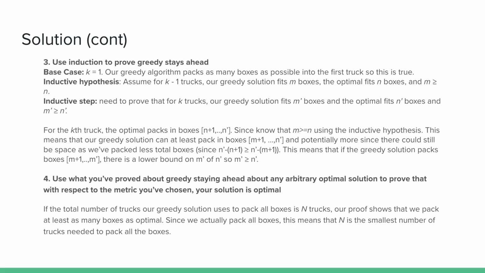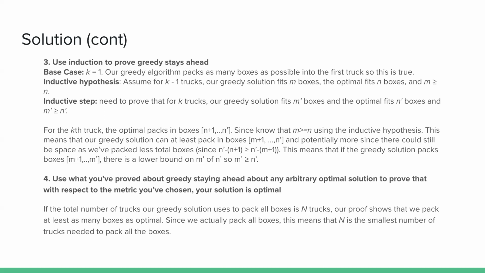I don't really want to just read the solution out to you, but basically, if we know that m is greater than or equal to n using the inductive hypothesis for k minus 1, we can create a lower bound on it. So we can say that n prime minus n plus 1 is greater than or equal to n prime minus m plus 1. We know m is greater than or equal to n, which leads to m prime being greater than or equal to n prime.